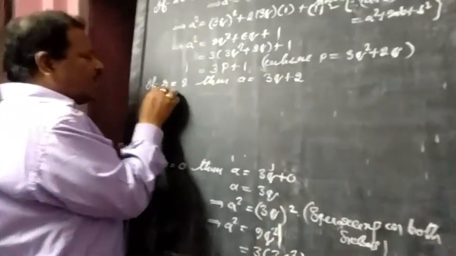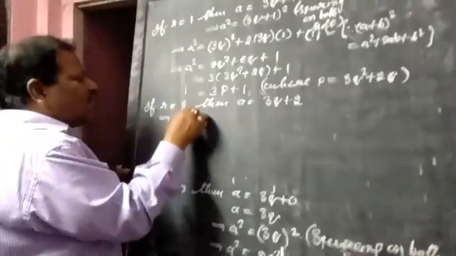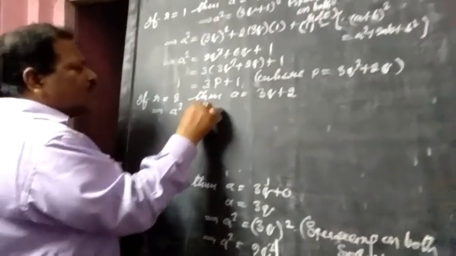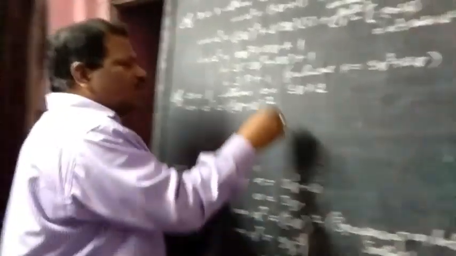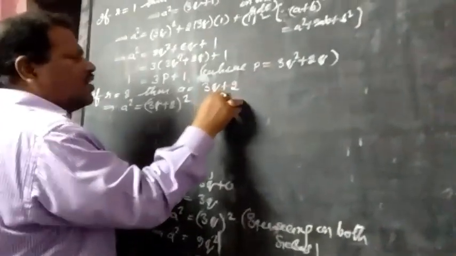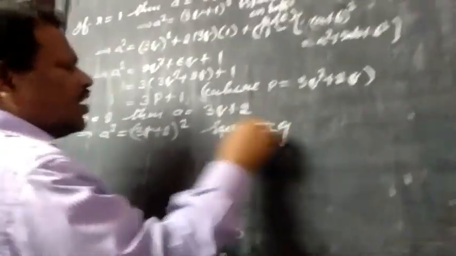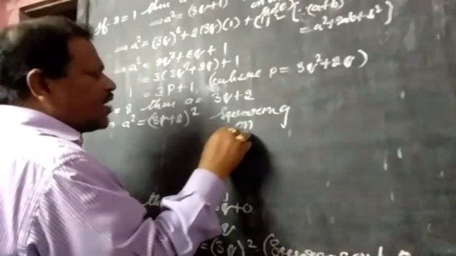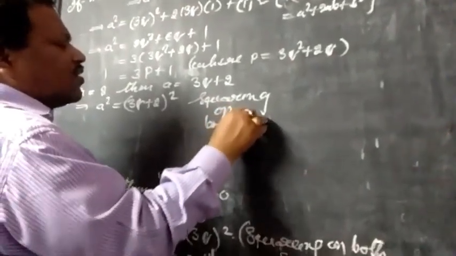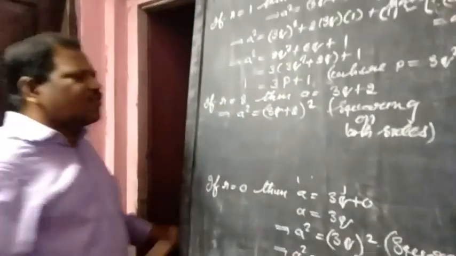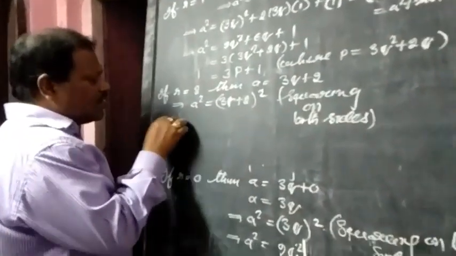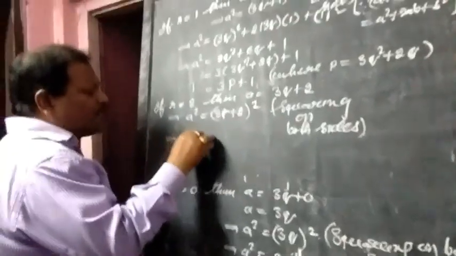Now again take A square, which is equal to (3Q plus 2) whole square. Squaring on both sides, we get A square equal to (3Q plus 2) whole square.